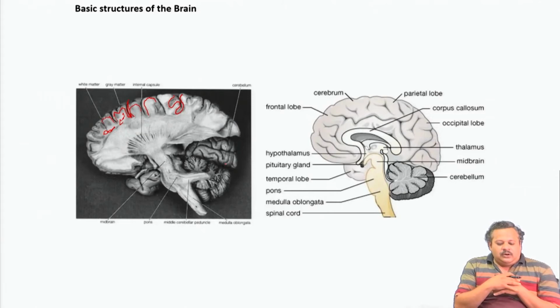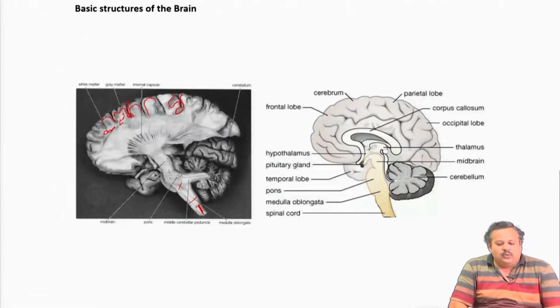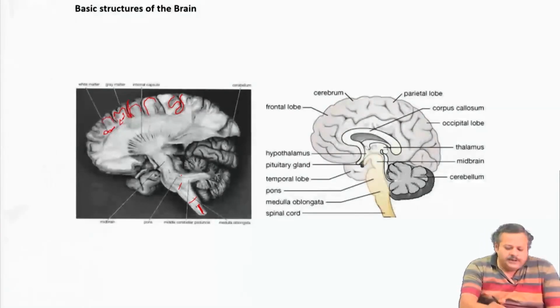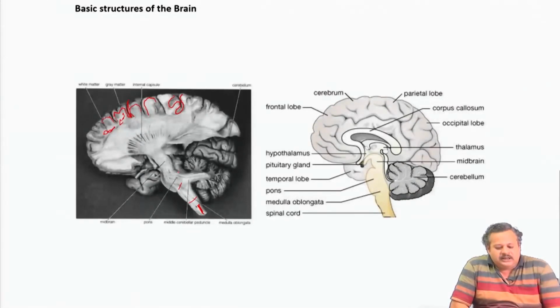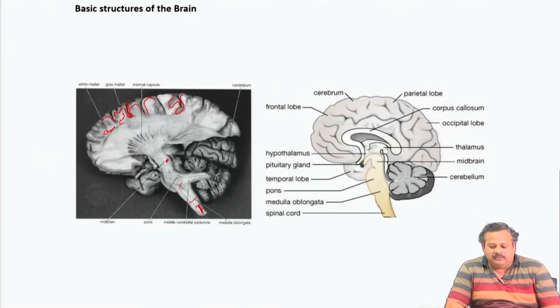If we start from the very bottom, this is where the spinal cord has started, and in this region is where the brainstem is, which is the lowest region in the hierarchy starting from the periphery. Beyond the brainstem there are the pons and the medulla, and beyond that is the midbrain, and then beyond that is the thalamus.